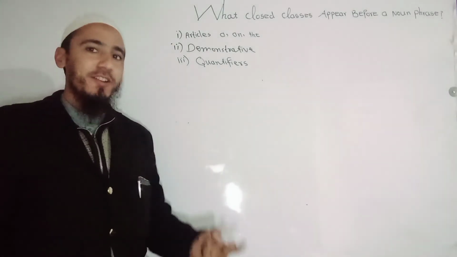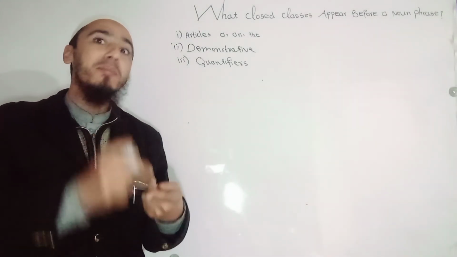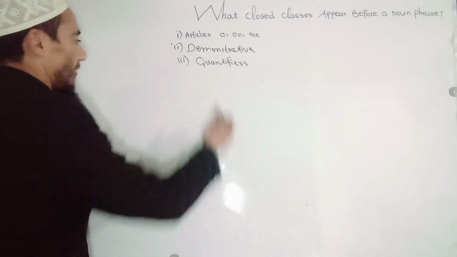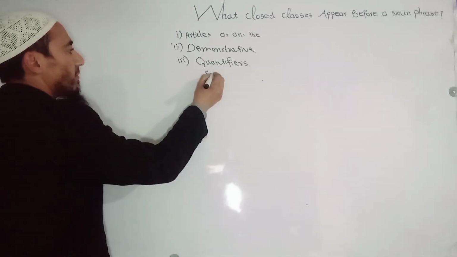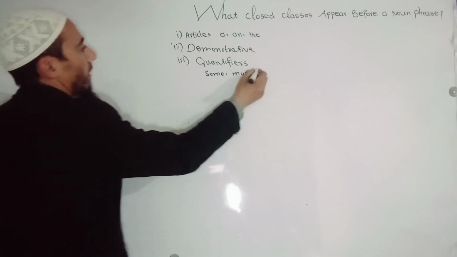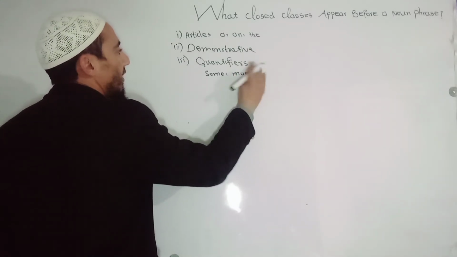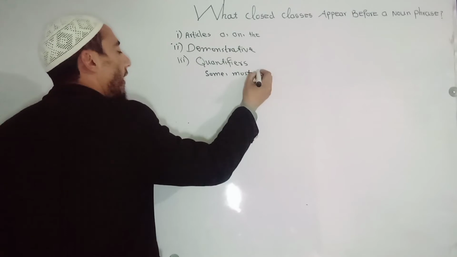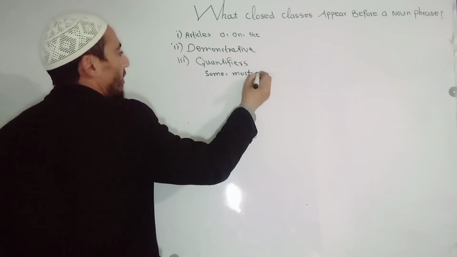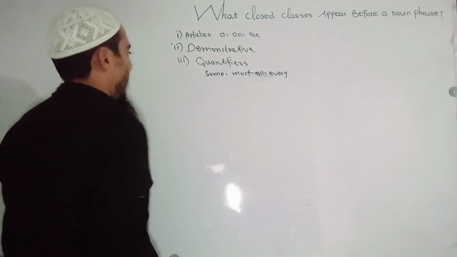What are the examples of quantifiers? For example, some, all, most, many, every. I'm writing some, most, and all, every, etc.